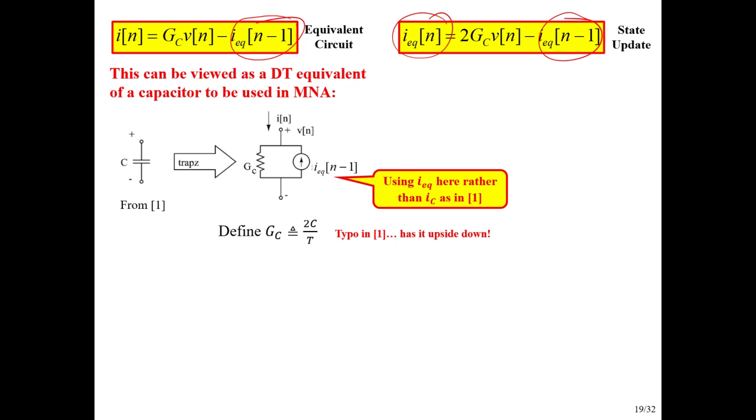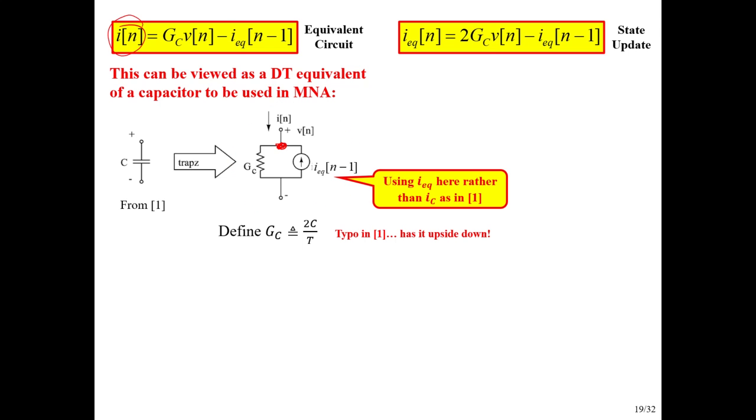So here's the idea. This equivalent circuit, I take my capacitor, and David Ye, I just took this figure from his paper, is saying we trapezoidize it. We apply the trapezoid rule and we get this model. Right, there's KCL at this node.